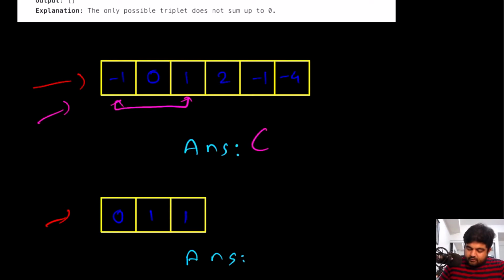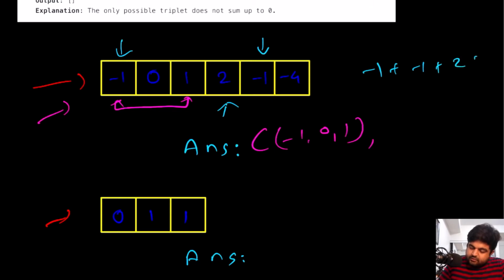So first of all, we are going to add these three entries into our answer: -1, 0 and 1. This triplet equals 0, so we can add that to our answer list. A second triplet we can find is the value -1, again -1 and the value +2, because -1 plus -1 plus 2 is also equal to 0. So again we can add it to our answer set as 2, -1 and -1.